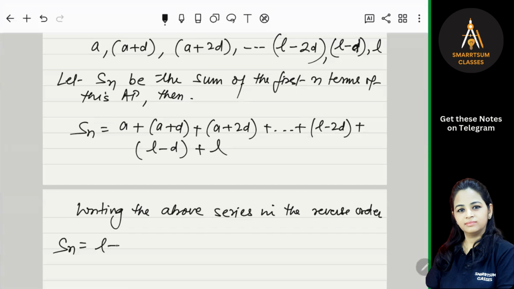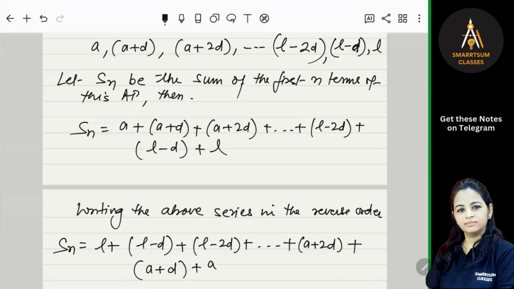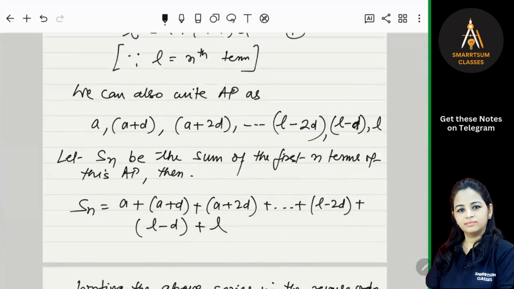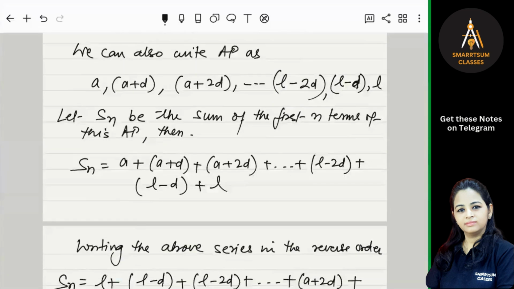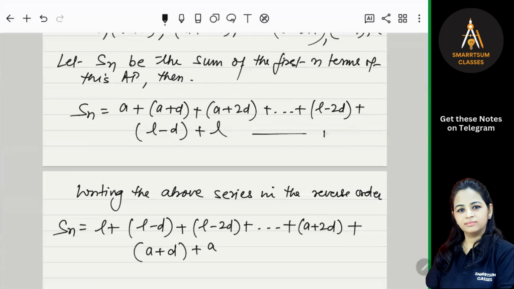In the reverse order, Sn is equal to L plus (L minus D) plus (L minus 2D) and so on, plus (A plus 2D) plus (A plus D) plus A. This is your second equation, and this is your third equation.